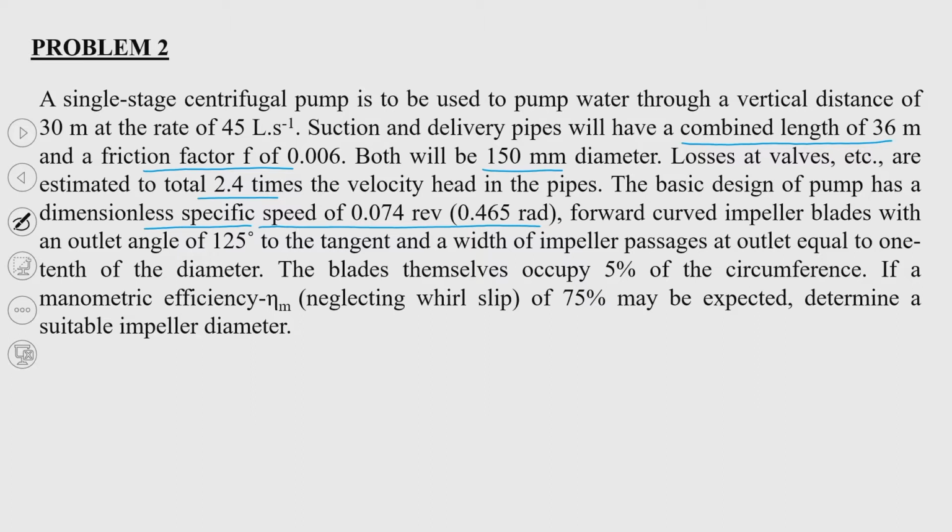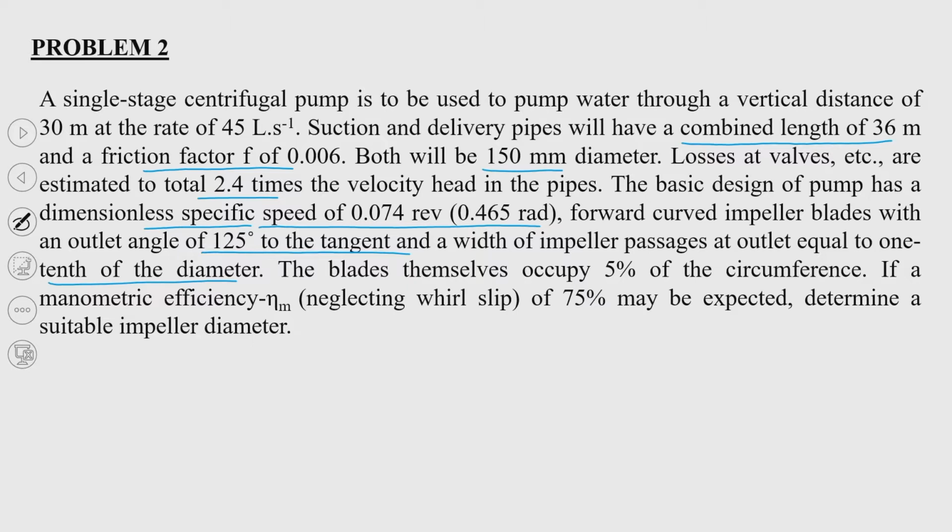The pump has forward curve impeller blades with an outlet angle of 125 degree to the tangent, and the width of the impeller passage at the outlet is equal to 1/10 of the diameter. The blades themselves occupy 5% of the circumference. The manometric efficiency, again, is also termed hydraulic efficiency in some books.